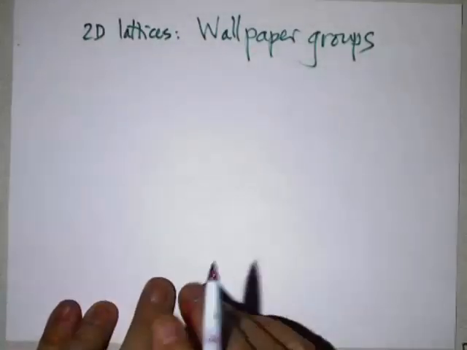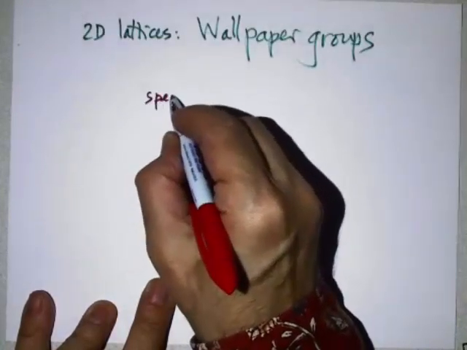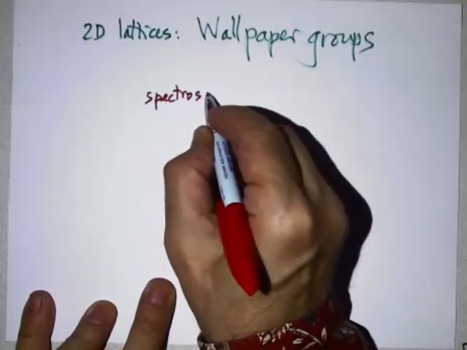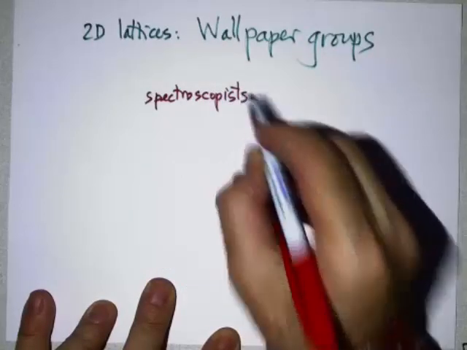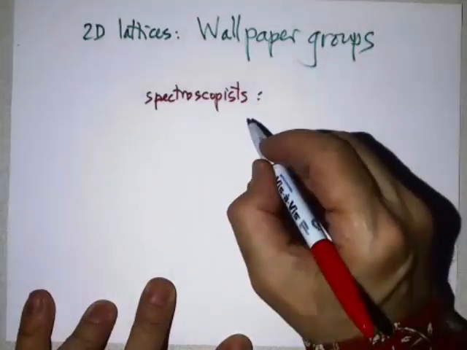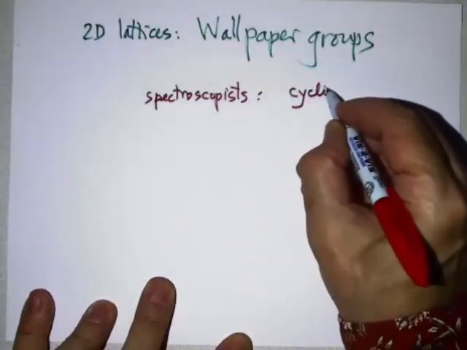So, C_n, then dihedral, but then instead of our D, they like to put C and star. Little twiddle.